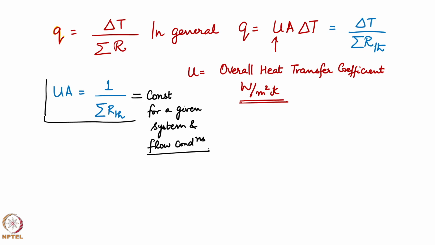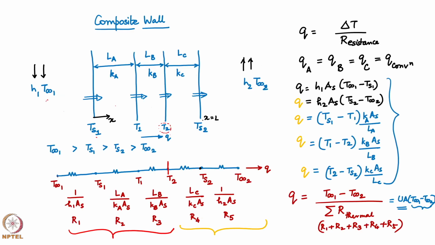I am not saying that I add one more resistance, no. I add a fourth block, no. I change this fluid from water to turpentine, which gives you a different H, no. I am not talking of such situations.